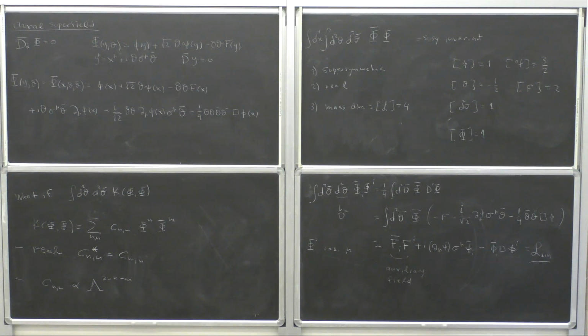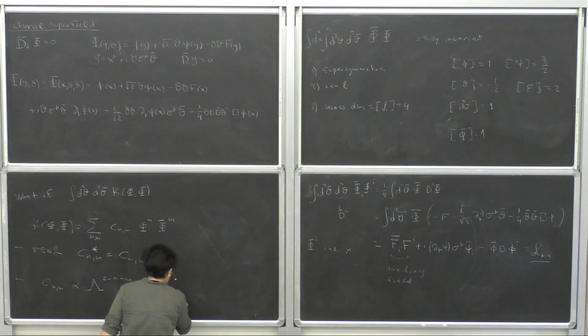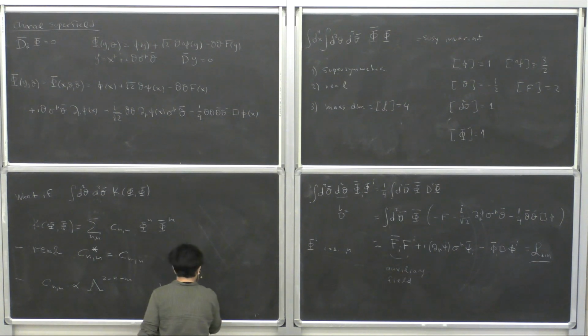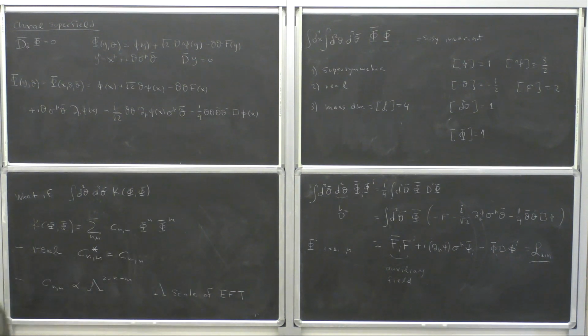So that in total, the gadget looks like a Lagrangian with mass dimension 4. And so lambda is the scale of the EFT. Yes? No problem.